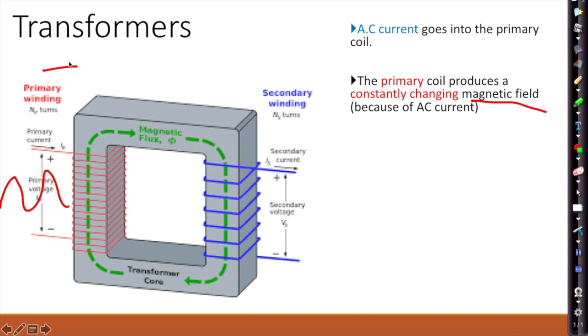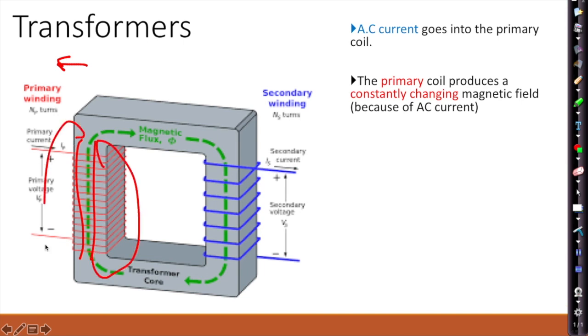So when my current is going one way, the magnetic field lines are, let's say, coming out this way. And then when I switch my current the other way round, so my current is now coming out at the top here, we're going to have these same field lines, but now they're going to be coming out at the bottom and into the top. So by switching the electricity backwards and forwards, the magnetic field is changing backwards and forwards.